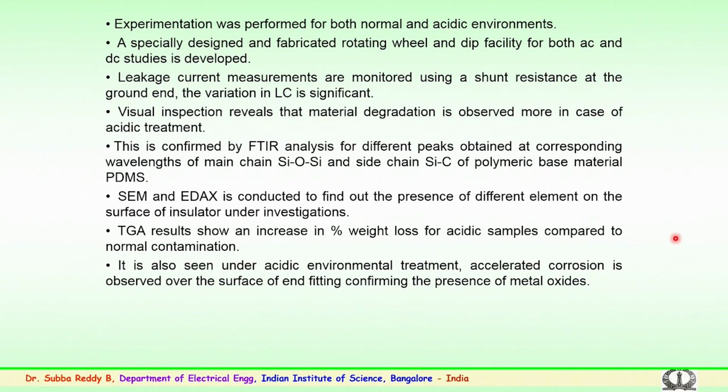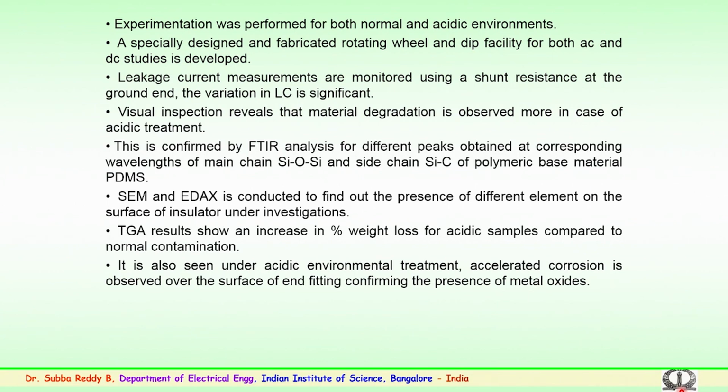The gravimetric analysis results also show an increase in percentage weight loss for acidic samples in comparison to the normal contaminant samples. It was also seen that under the acidic contaminant environment, accelerated, faster corrosion was observed over the surface of the end metal fittings.